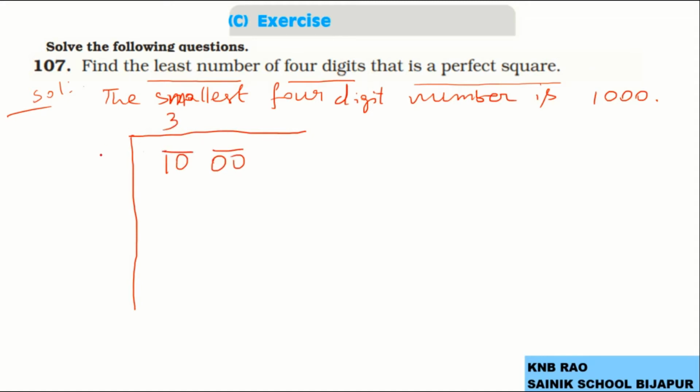So 3 threes are 9, 1 is the difference, bringing down this bar gives me 100 as the remainder, and adding the same digit to the 3 gives me 6. Now I have to choose an appropriate digit here.